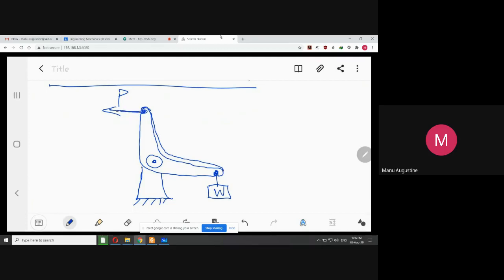Now when you pull it backwards, the lever arm will rotate around the fulcrum, and this sort of rotation will be obtained at the effort end, and this sort of rotation will be obtained at the load end. You can see this point will come here. This is how your lever arm is going to look after rotation.